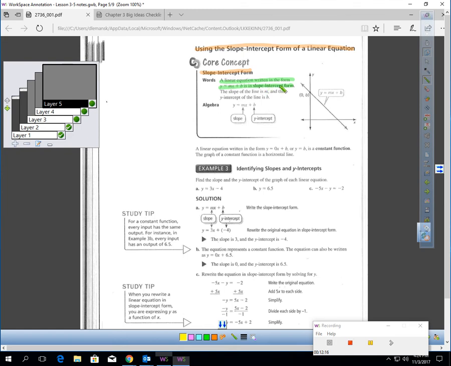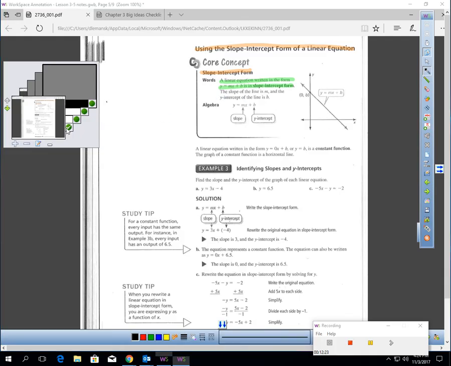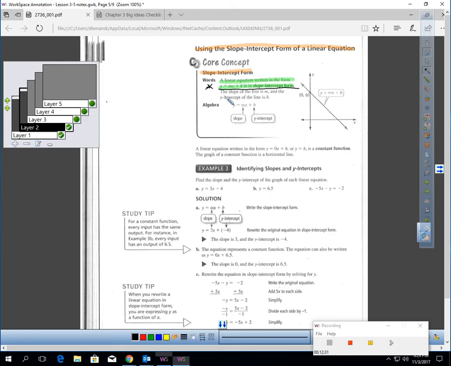A linear equation written in this form is slope-intercept form, and you notice it's y equals mx plus b. Definitely, get that in your notes. This is an incredibly important form that you have to know. The slope of the line is m. Whatever number you see in front of x, that's the slope.